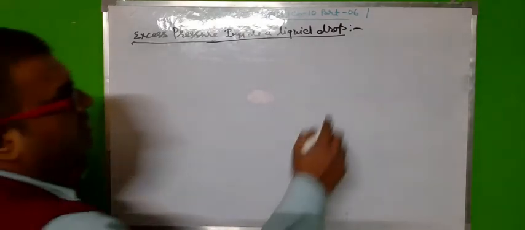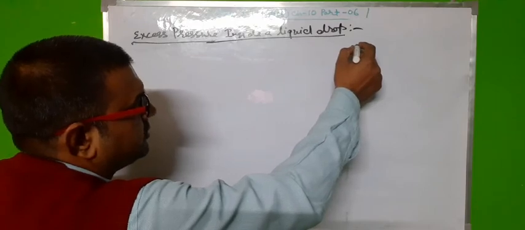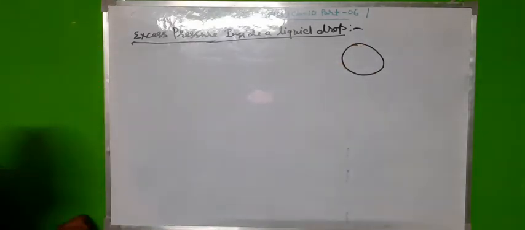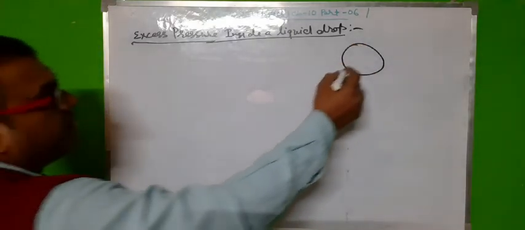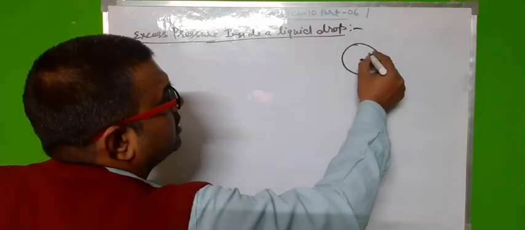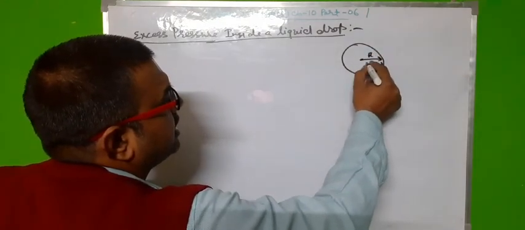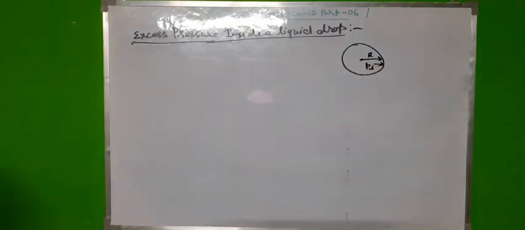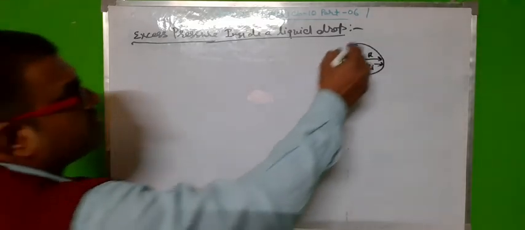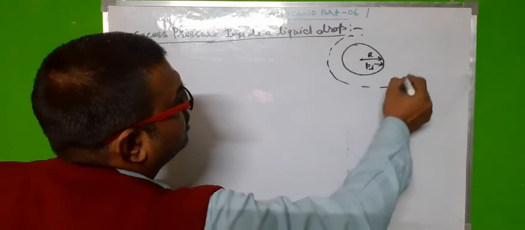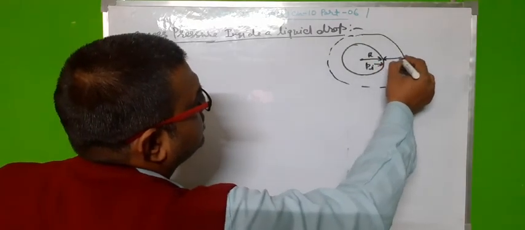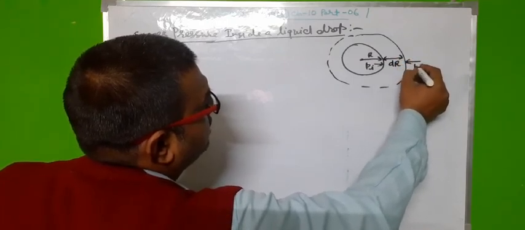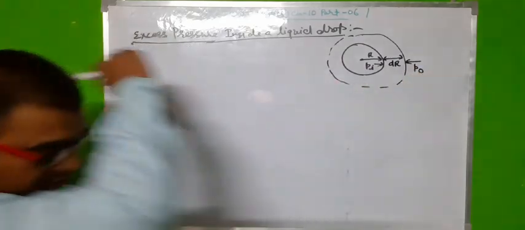Suppose we have taken a liquid drop, and the liquid drop has radius r. The pressure inside is Pi, and due to the inside pressure the drop has increased its radius by dr. The pressure outside is the outside pressure, or atmospheric pressure.